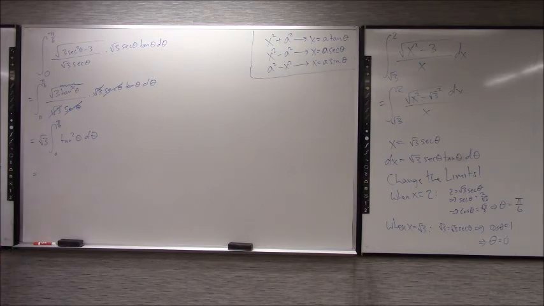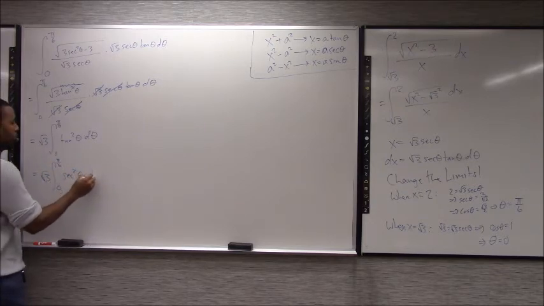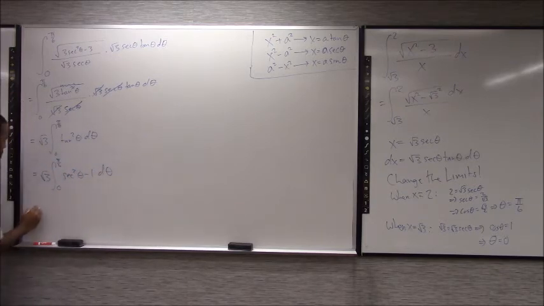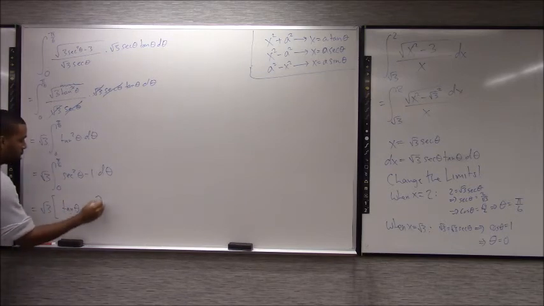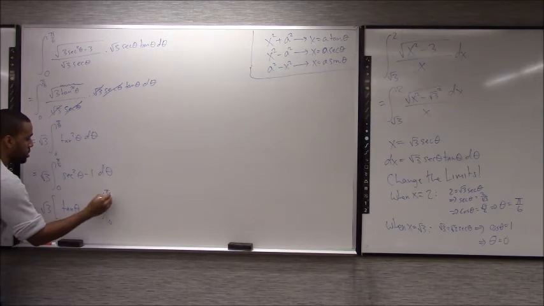You actually apply an identity first. Tangent squared would become secant squared minus 1. And each of those I can integrate. The integral of secant squared is tangent, because the derivative of tangent is secant squared, and the integral of 1 just becomes theta, and this is between 0 and pi over 6.